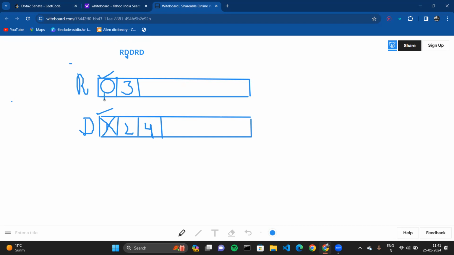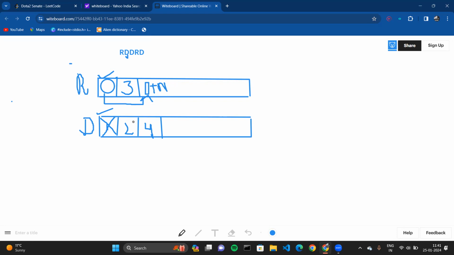We will pop it and push it back adding n, because adding n means it is used now only in the next round. So we are pushing it for the next round. We will add n to that index and push it back into the queue.